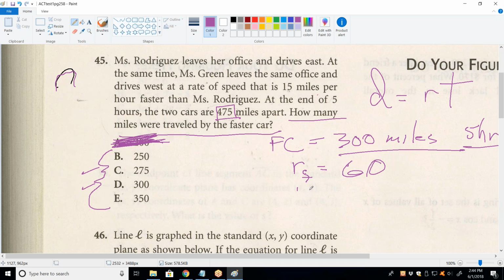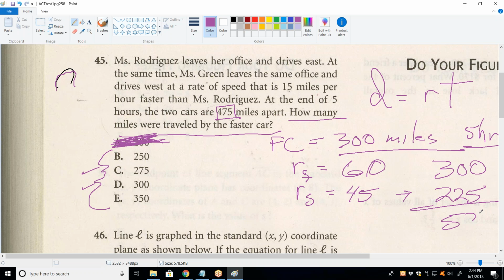So what would that make the speed of the slower car? 45. How far would it go in 5 hours? 225. And that would have them being 525 miles apart. So 300 is not the correct answer.